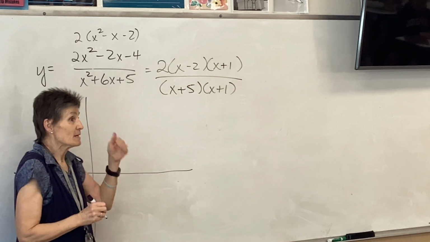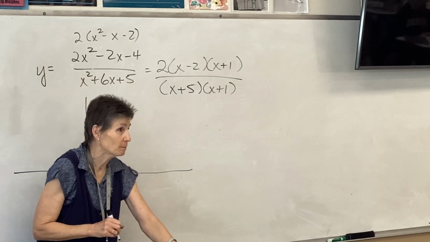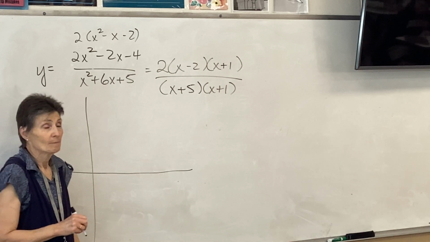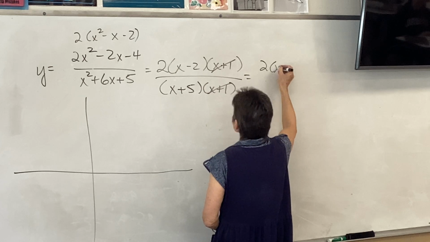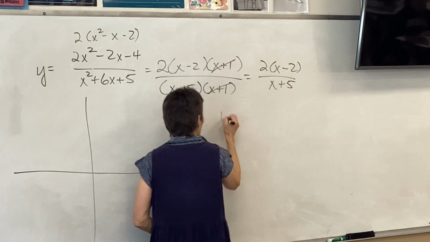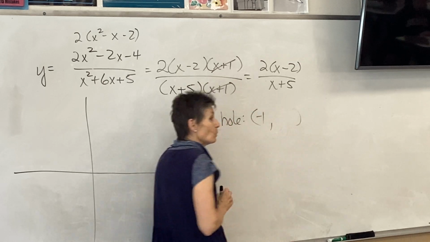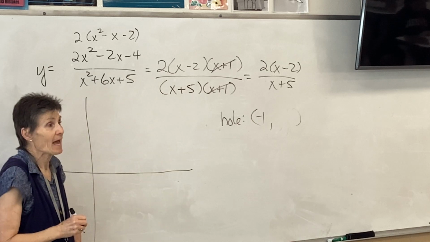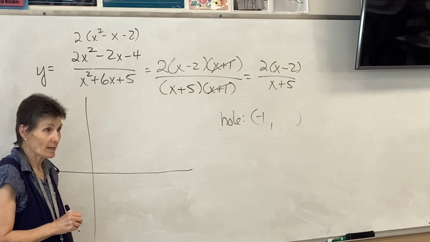And then this happens sometimes. It happens in this problem. It does not happen in problem 2 on this page. Something will cancel. And when we cancel, then we know we're going to have a hole, and we might as well put it in the picture right now. It's going to happen where x is -1, because that is the factor that canceled out, right?